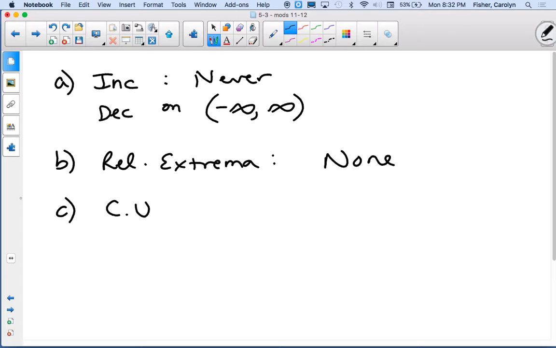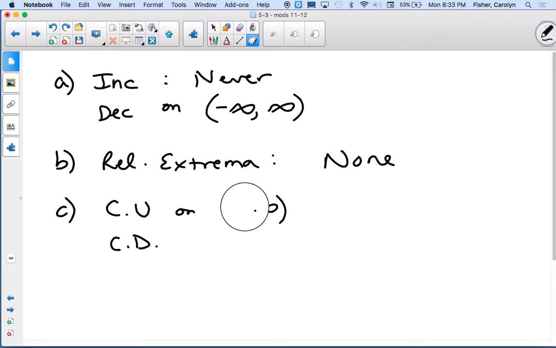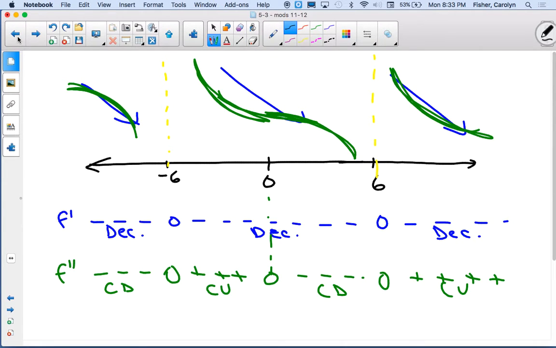C would be concave up. 0 to infinity, concave down. Sorry, my bad. Concave up, I gotta look at my picture.